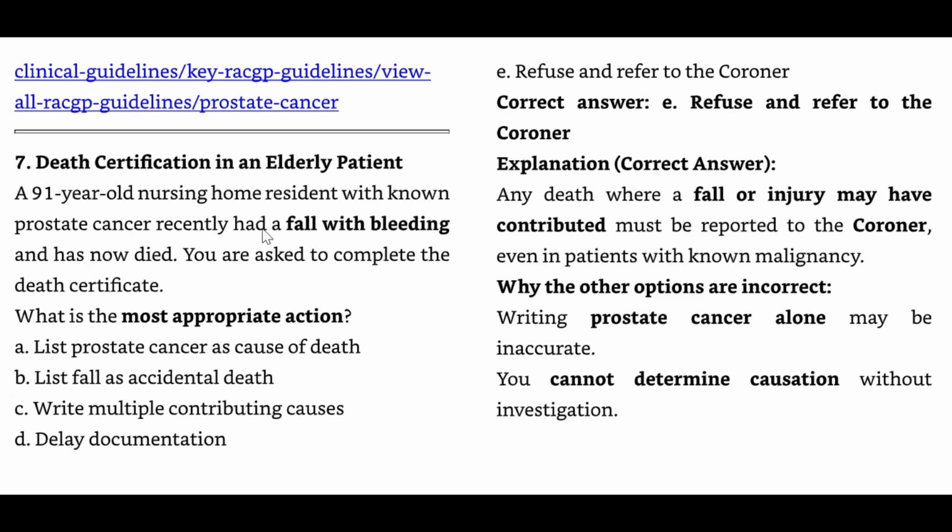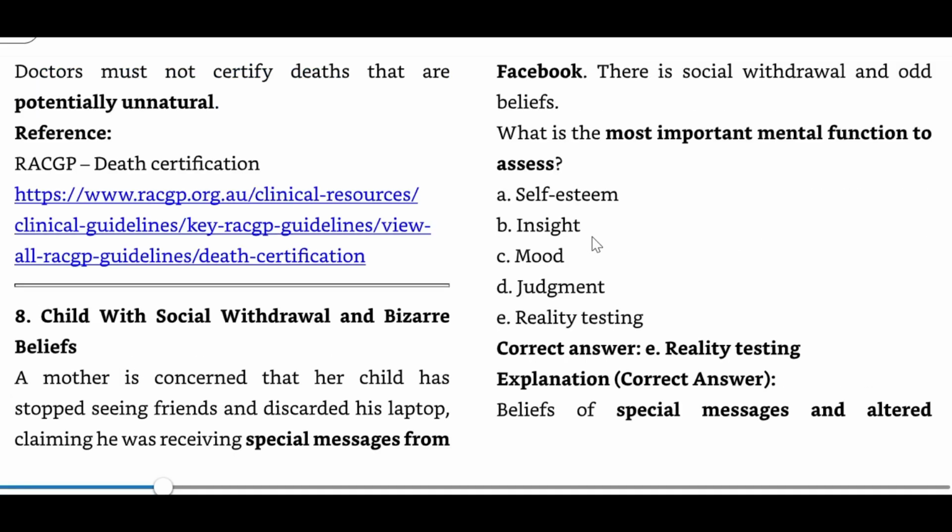So in any case that had a fall with bleeding and after that has died, if you are asked to complete the death certificate, the most appropriate action is to refuse to complete the death certificate and to refuse to list prostate cancer or falling or any contributing factor as the cause of this unusual or unnatural death.